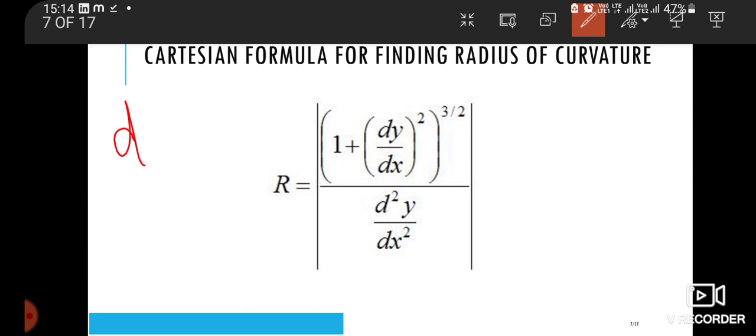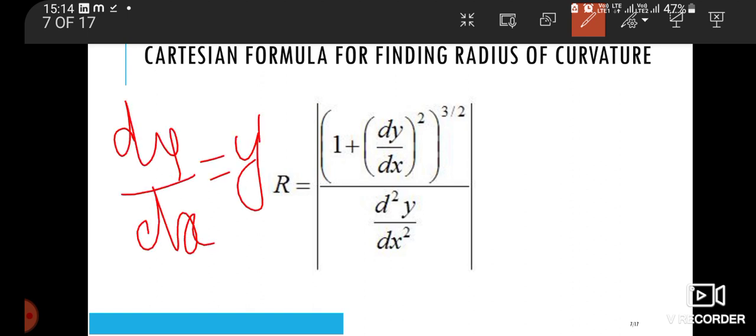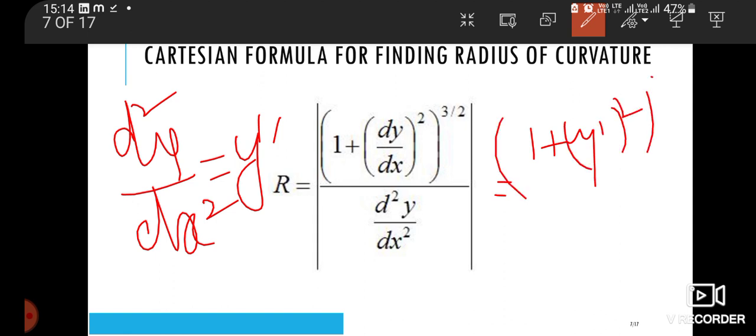We all know dy by dx is y dash, d square y by dx square is y double dash. So I can replace here: 1 plus y dash square whole power 3 by 2 divided by y double dash. So we can easily remember it.